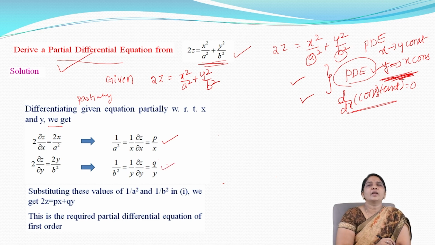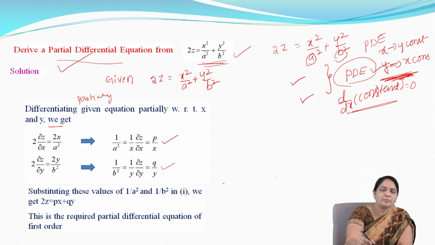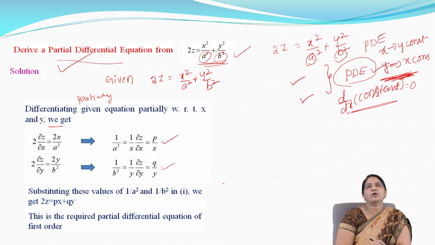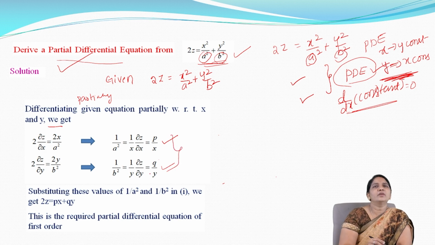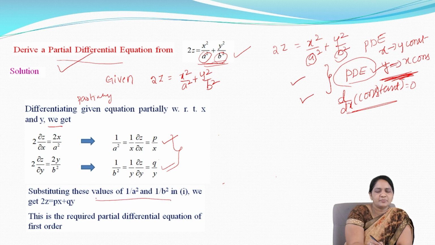So when I started the problem, I told you we have to eliminate a square and b square. So if you substitute other values in their place, what we get from the equations, then we can form a PDE. So that is what we are writing here: substituting these values of 1 by a square and 1 by b square in equation 1.